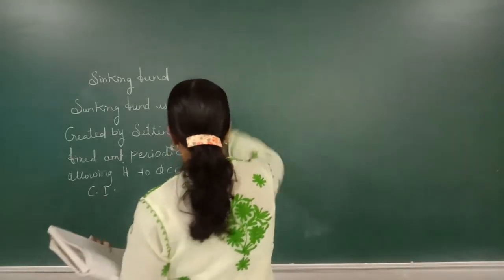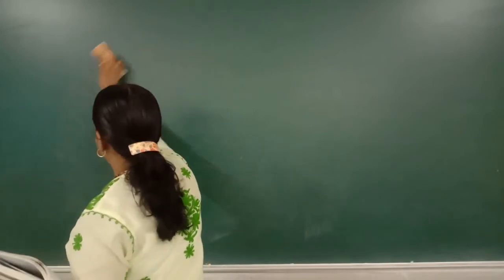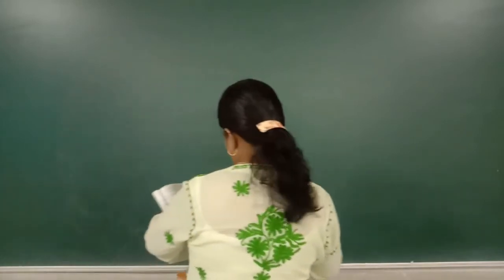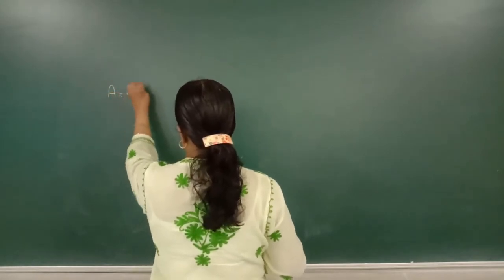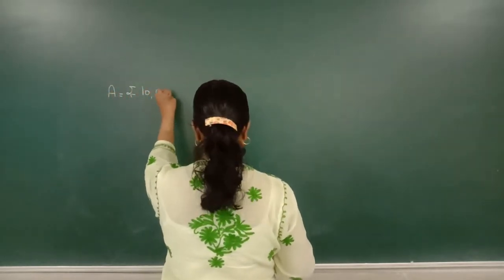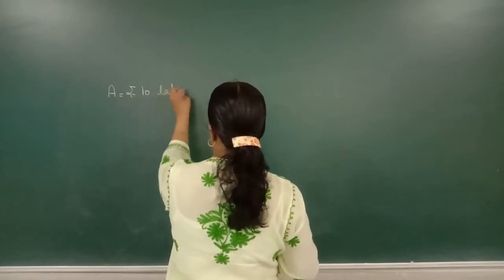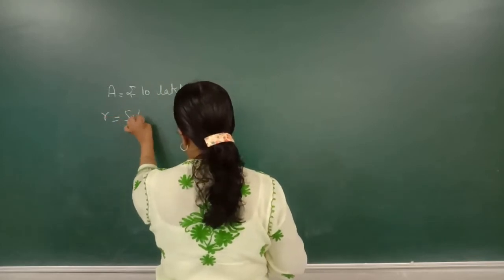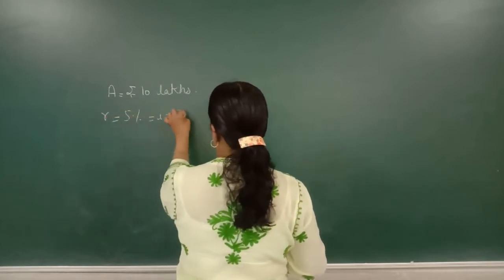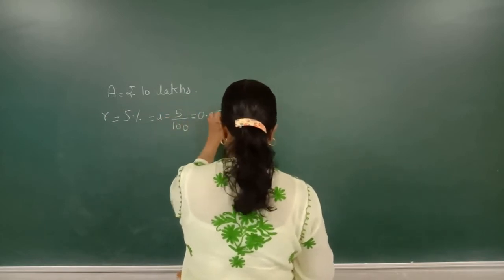We will drop the definition of sinking fund. A is equals to rupees 10 lakhs. Or I will just write here 10 lakhs. Okay. And R is equals to 5%. So I will be equal to 5 upon 100, that is 0.05.